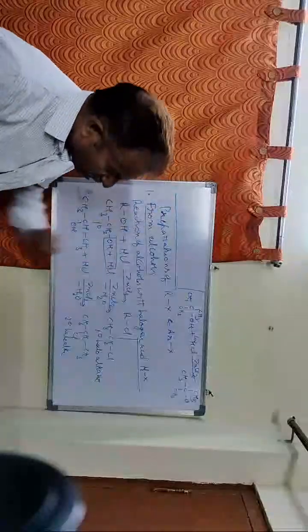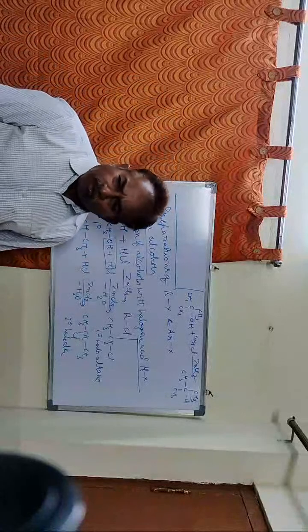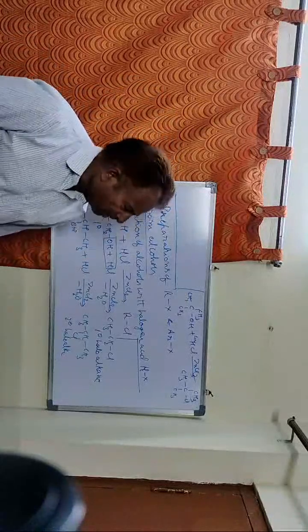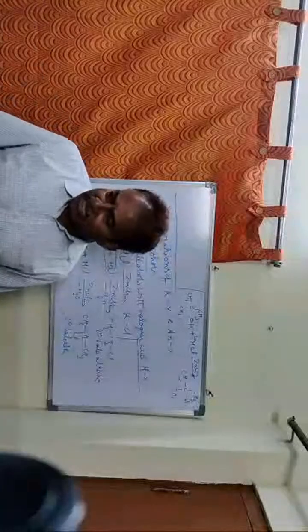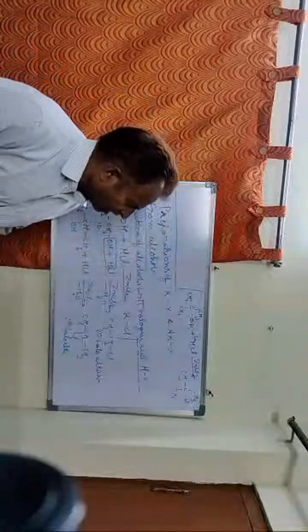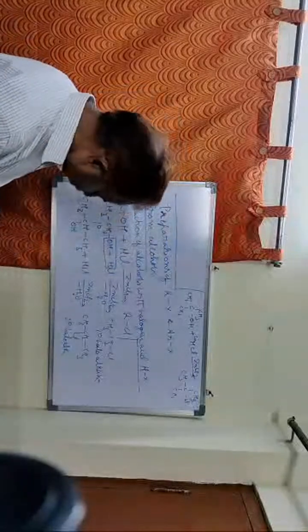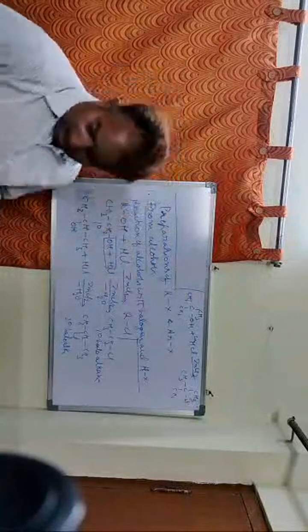So the purpose of zinc chloride is to absorb the water formed during the reaction. Tertiary alcohol is highly reactive, therefore zinc chloride is not necessary there. So this is the preparation of haloalkanes from alcohols.